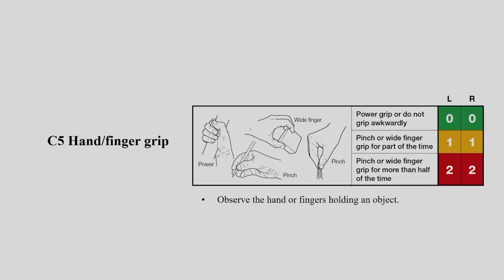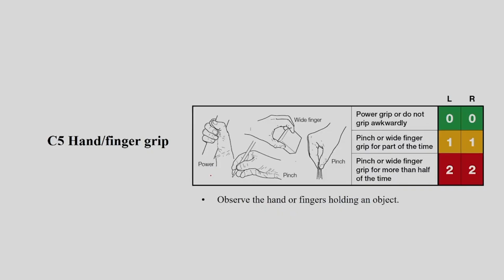Hand and grip. For power grip, if you do not grip awkwardly, then it is 0. Pinch or wide finger grip for part of the time, then 1. Pinch or wide finger grip for more than half of the time, then it is 2. So it is a similar kind of rating to the other scoring.